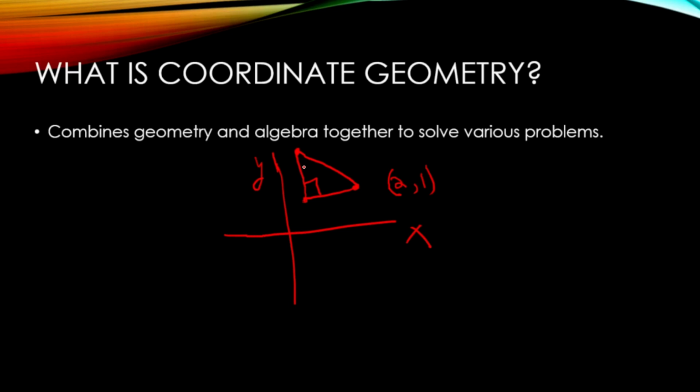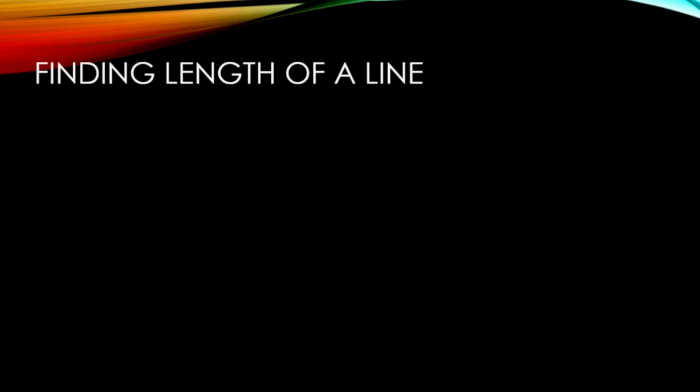So let's do that. First of all, we have finding the length of a line. Let me draw out a line and take some coordinate points. As you can see here, I have drawn out a line and have taken (4, 2) and (2, 1) to be the coordinate points. For finding the length of a line, how long this line is, what we are going to do is first of all find the change in x and change in y.